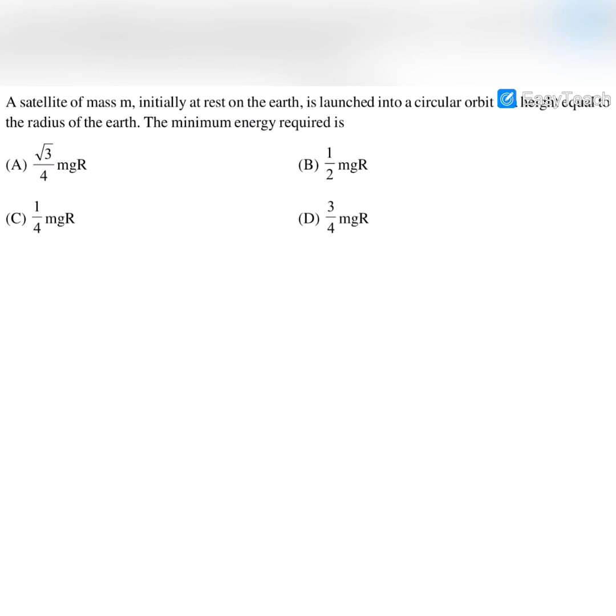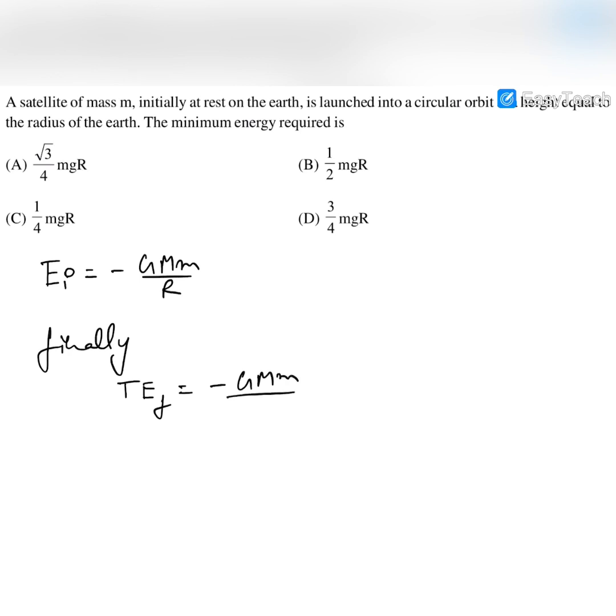Initially the total energy was the potential energy only at the surface of Earth, which is minus GMm by r. Finally, in the orbit, the total energy will be minus GMm by 2r, where r is the radius of orbit, and in this case the radius of orbit is 2r, so this would be 4r.